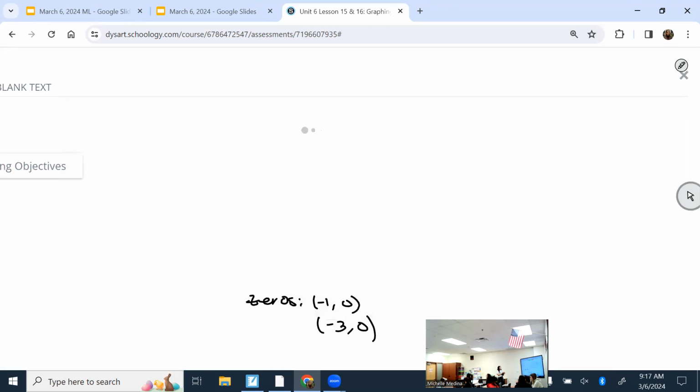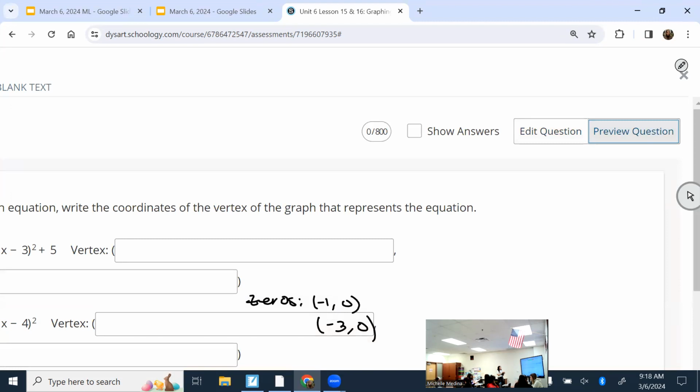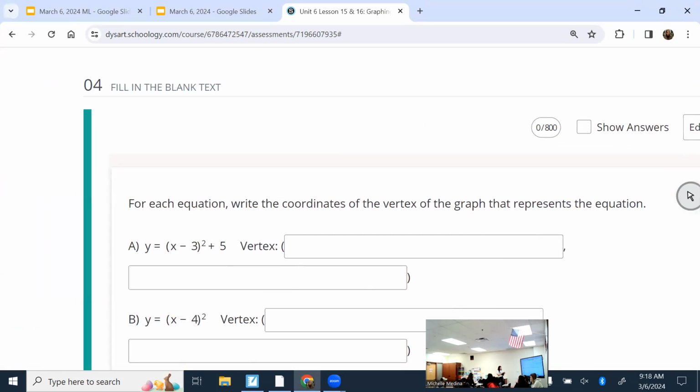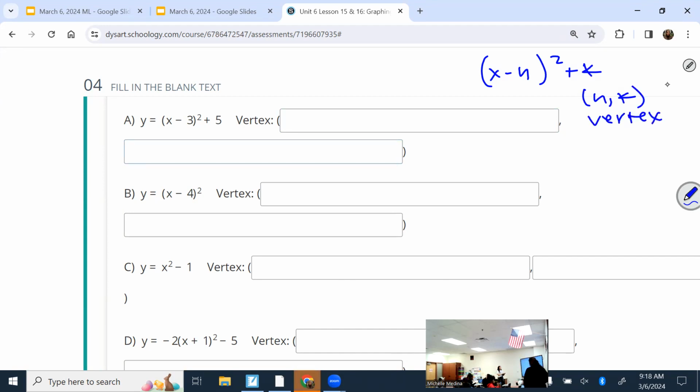It says for each equation, write the coordinates of the vertex of the graph that represents it. And they're all in vertex form. So let's rewrite that equation up here, where H, K is your vertex. So the number that's in the H position and the K position is what we are looking at.